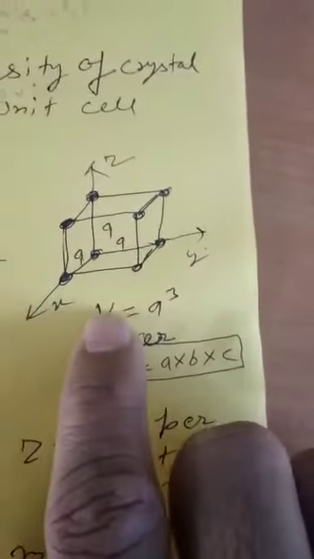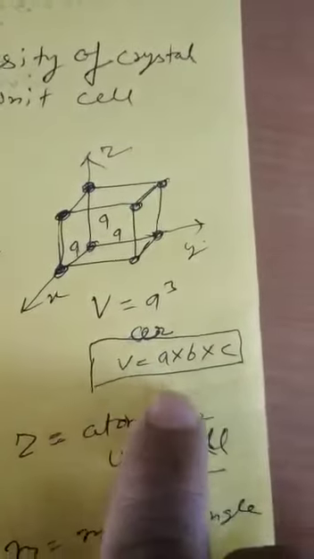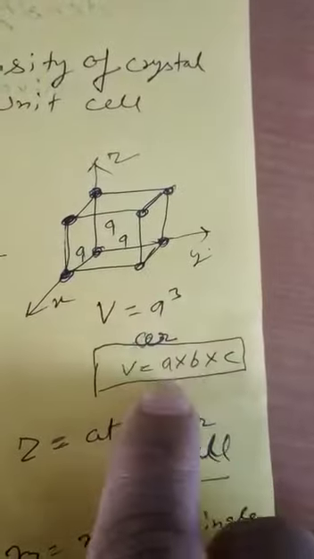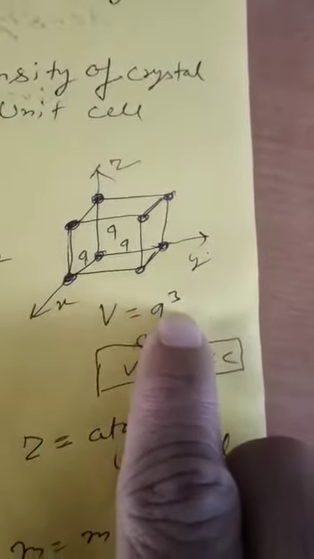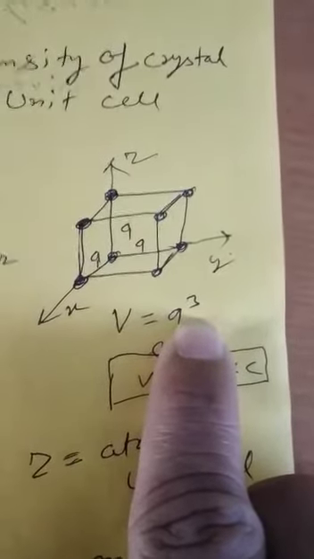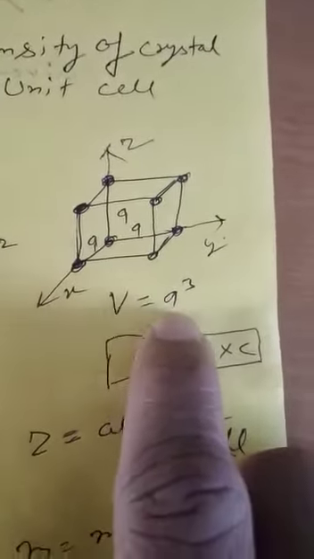So the volume is what? That is equal to a, b and c, or a into a into a, that is equal to a cube. So for cubic unit cell, the volume is equal to a cube.